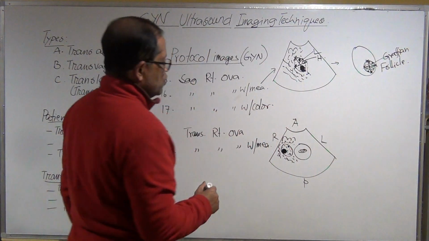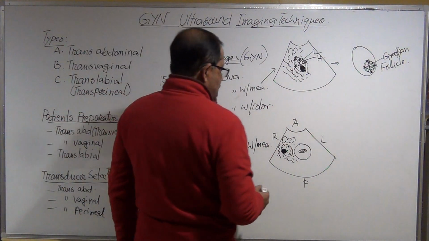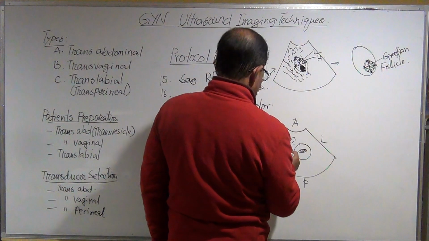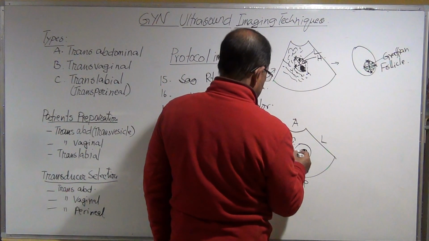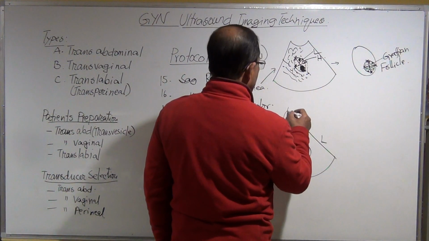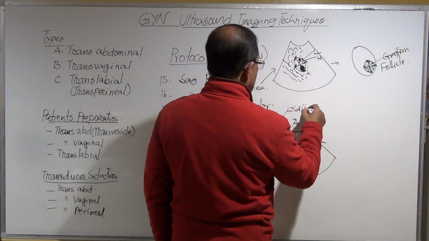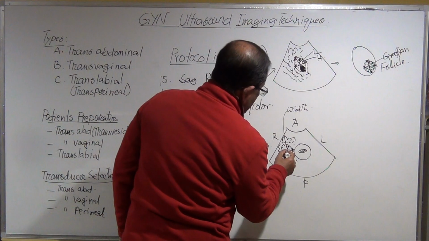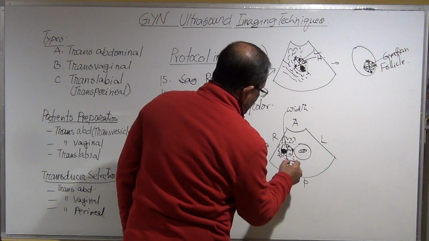You measure the right ovary horizontally, this is for width, and you can also measure the Graafian follicle.